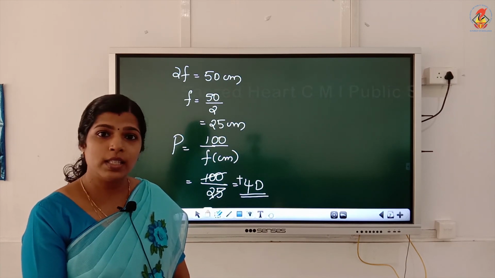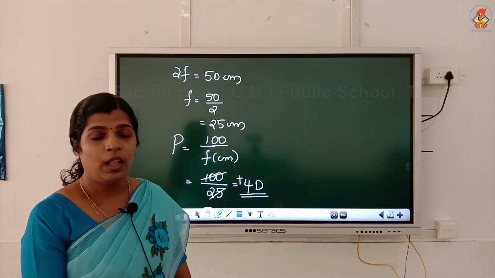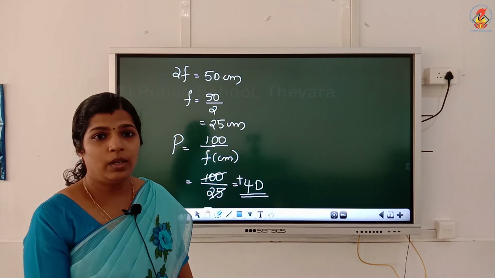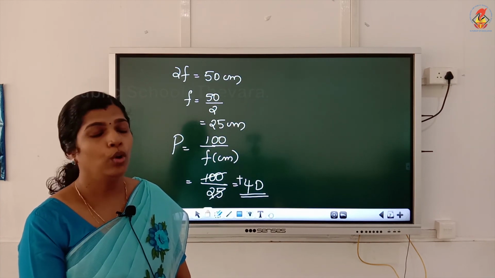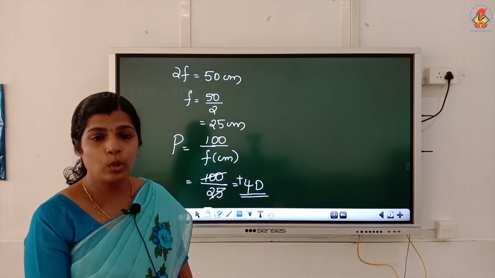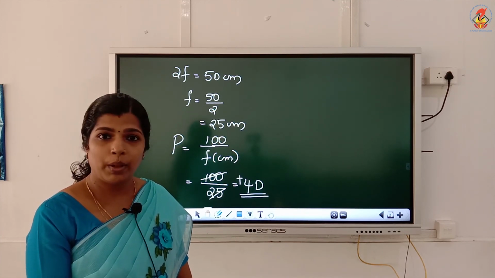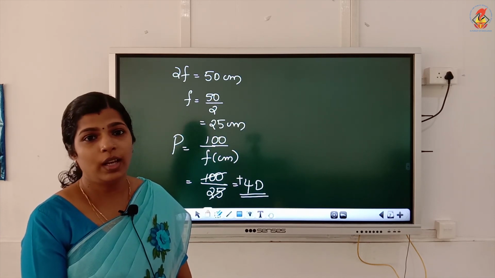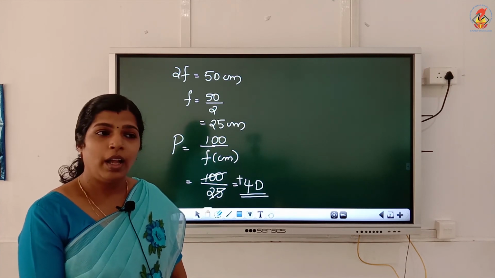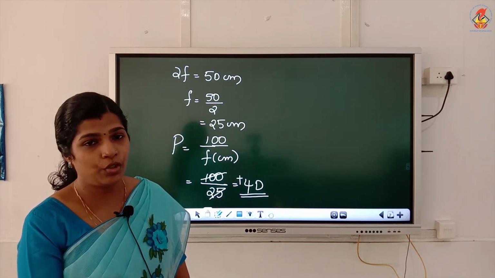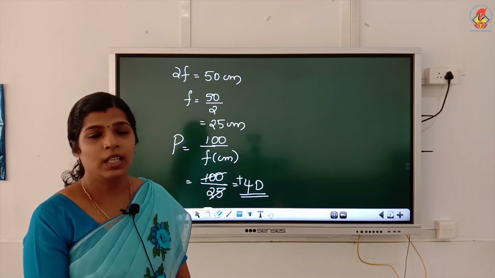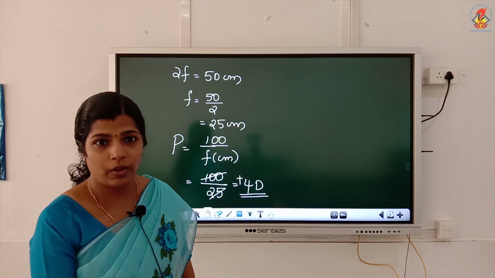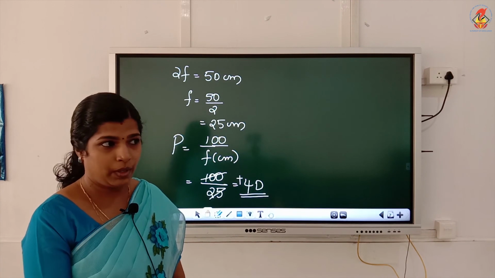If two or more lenses are there in a system, then we will find the total power using the equation P equal to P1 plus P2, or 1 by F equal to 1 by F1 plus 1 by F2. F1 and F2 are the focal lengths of those lenses. If they have the same sign, then we will add them together. If they have different signs, then we will subtract them to find the effective power or net power.